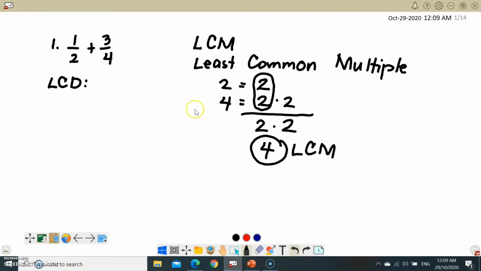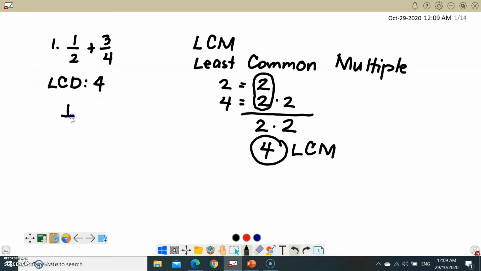Take note, LCM is the same as LCD. We only call it LCD because we are using the denominators. So if the LCM is equal to 4, then our LCD here is also equal to 4. Then we rewrite 1/2 and 3/4 as equivalent expressions. We use the LCD as the common denominator.